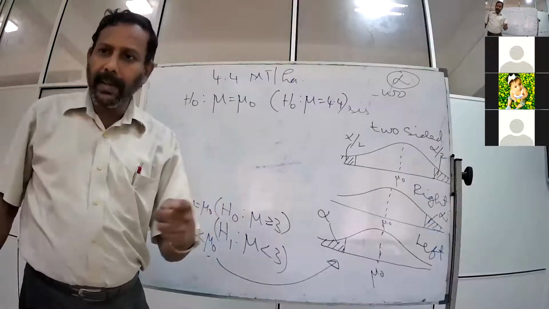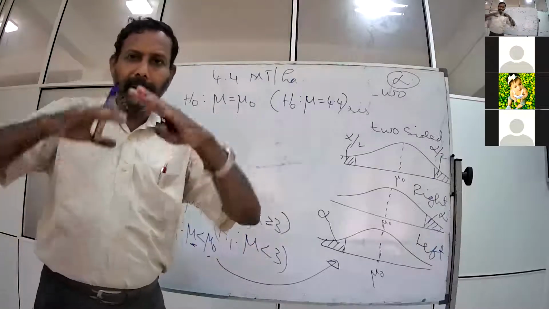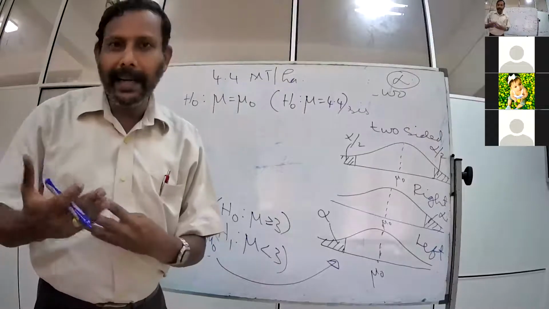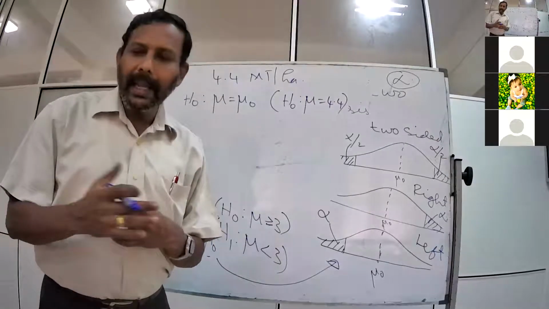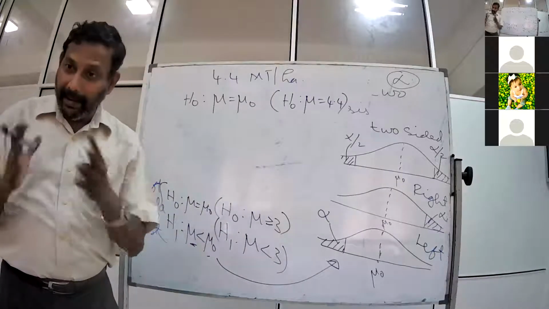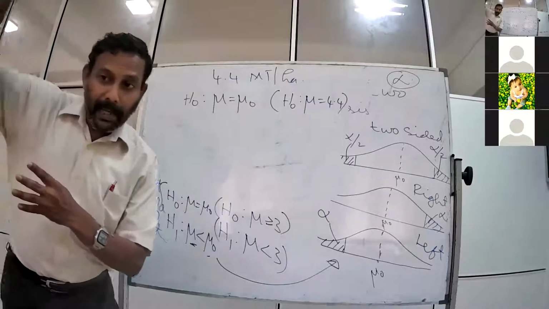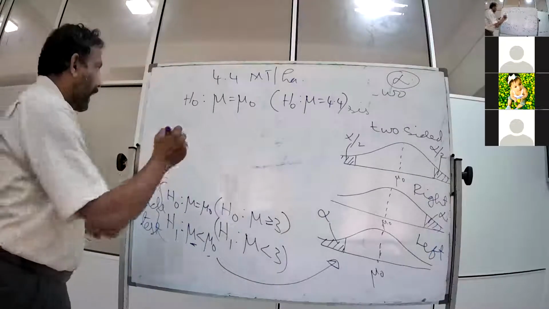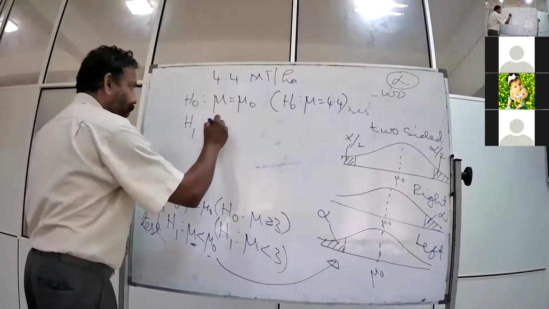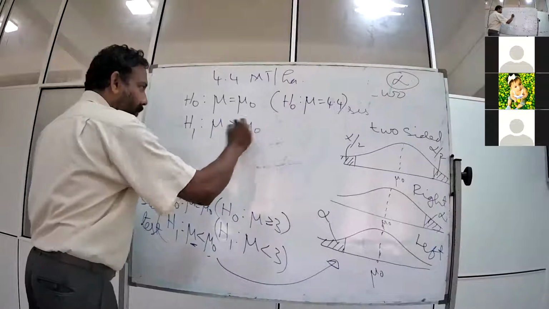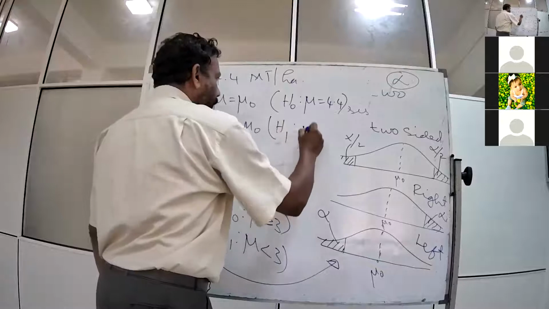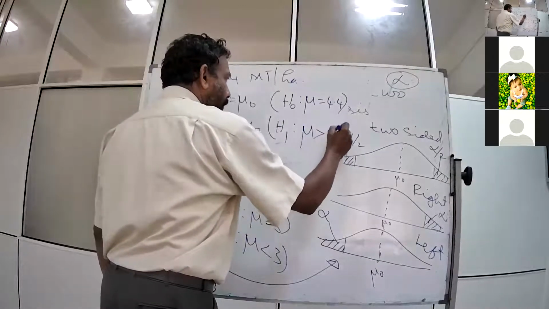You were asked to test whether this group of farmers has an average paddy yield above the national average. So what is your alternative hypothesis? Above the average, so mu is more than mu naught. That is what you want to test. In other terms, the alternative is mu greater than 4.4.